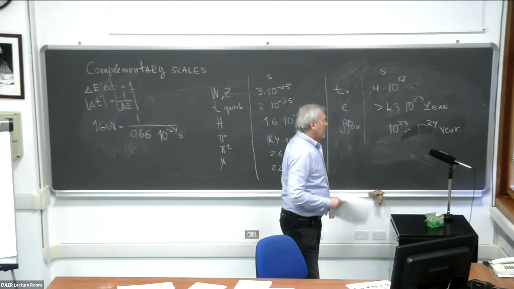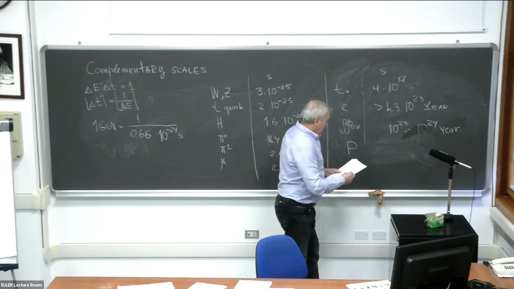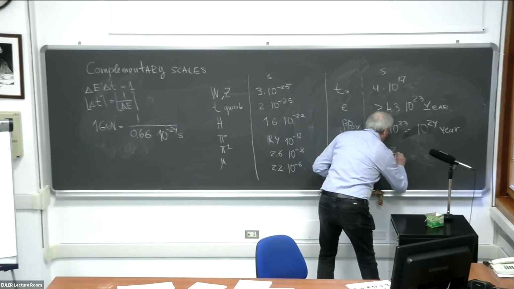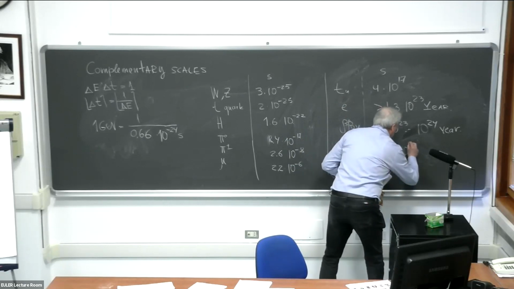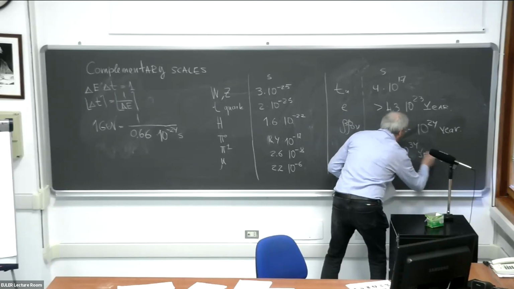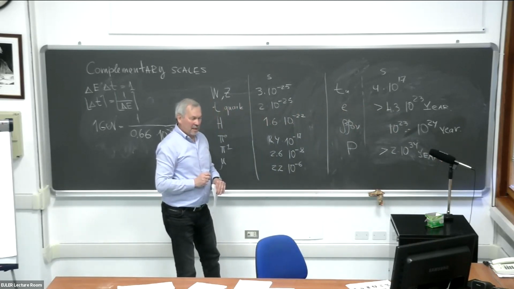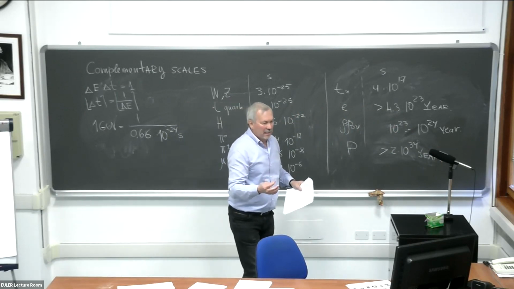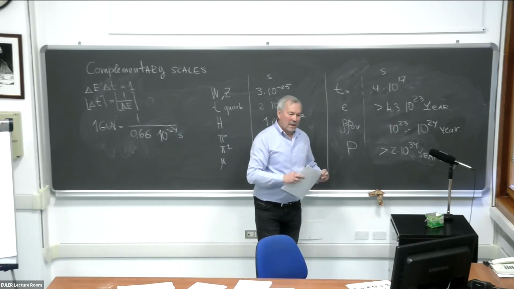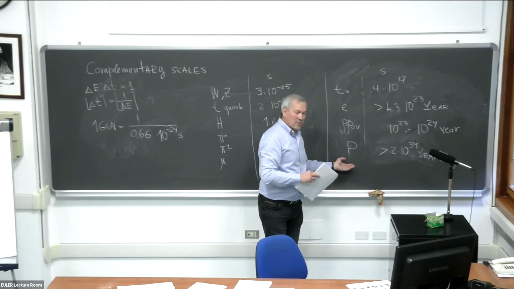Even more, we can say what is the lifetime of the proton, how big it should be, and the present bound is that the lifetime of the proton is bigger than 2 10 to the 34 years. So this is the present bound on the lifetime of the proton. Well, we guess that it's a stable particle. But if baryon number is violated, then it decays. And this is one of the important searches these days, to search for proton decay.